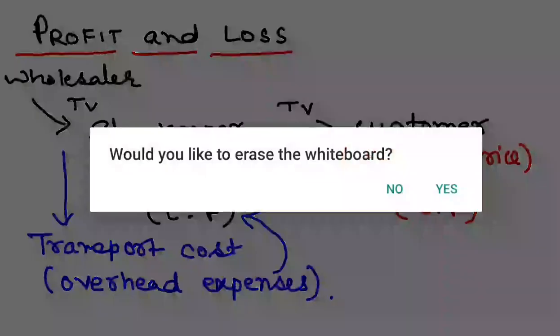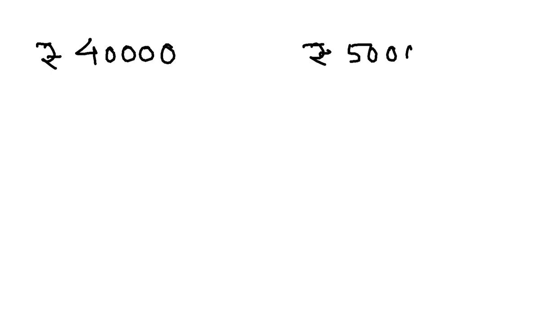All right. So now suppose he bought the TV for, let's say, 40,000 rupees, and then he sells it to a customer, let's say, at 50,000 rupees. So this is his CP and this is his SP. So in this case, your SP is greater than CP.